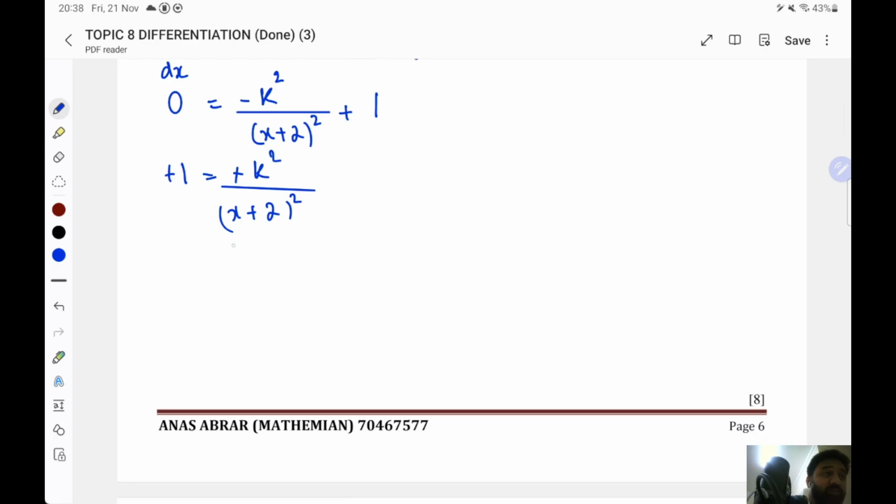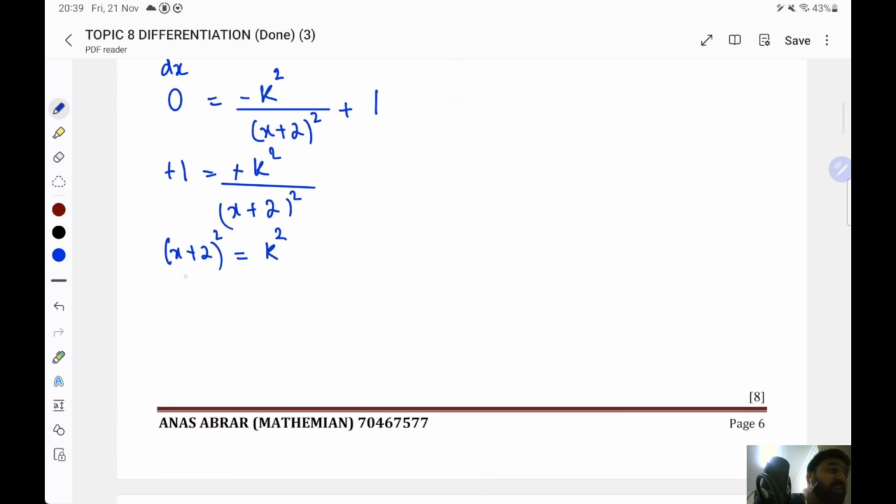The bracket goes to the other side and multiplies, so (x plus 2) whole squared equals k squared. For simplification, I have to take the square root on both sides.